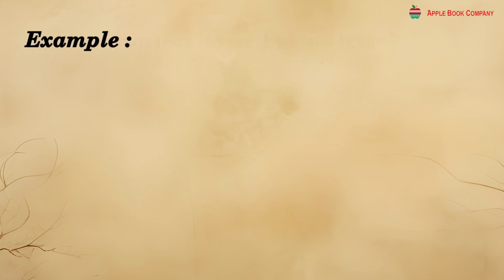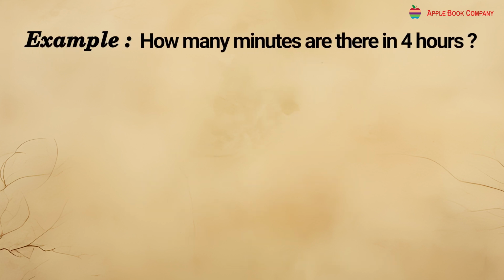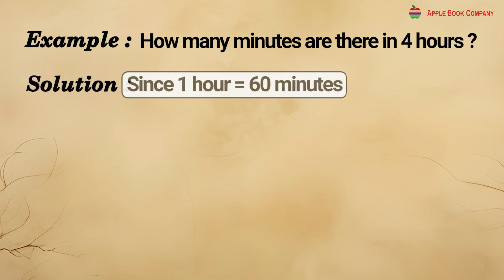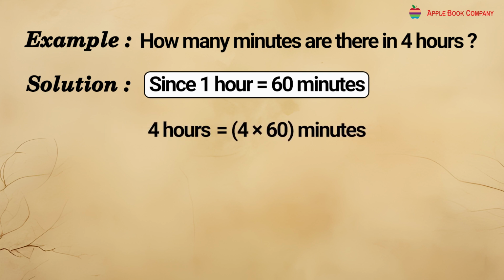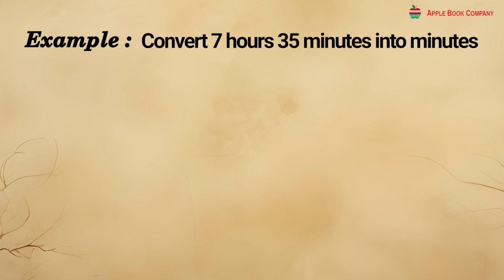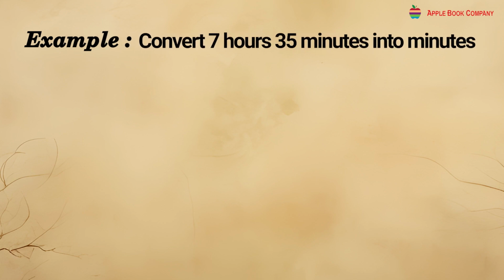Example: how many minutes are there in 4 hours? Solution: since 1 hour is equal to 60 minutes, 4 hours is equal to 4 into 60 minutes, which is equal to 240 minutes. Example: convert 7 hours 35 minutes into minutes.